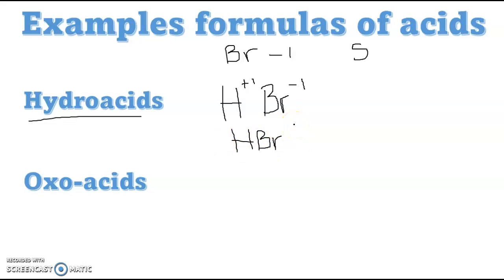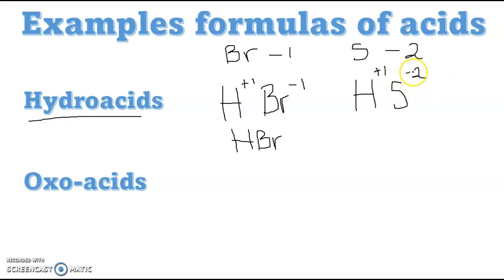If I look at sulfur, sulfur has 2 negative oxidation states or 1, depending on the periodic table that you look at. The most common negative oxidation state is -2. So again, I write hydrogen first, then sulfur, and their oxidation states. Hydrogen is always +1. Sulfur in this case is going to be -2, and this is not balanced.